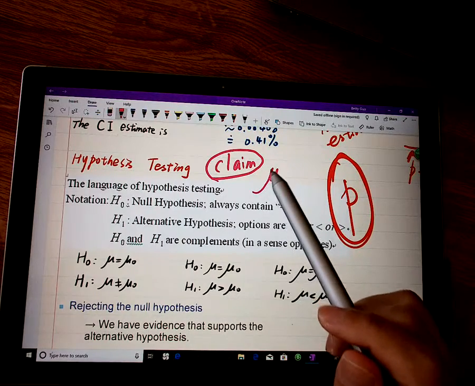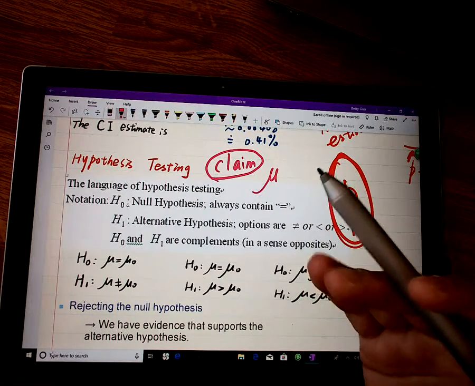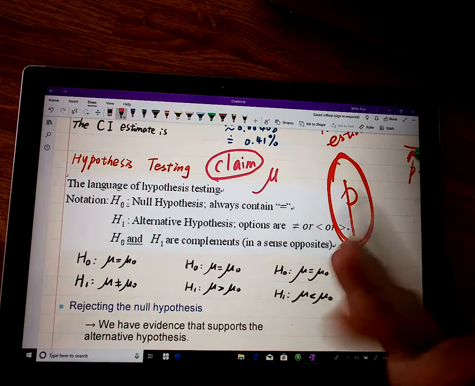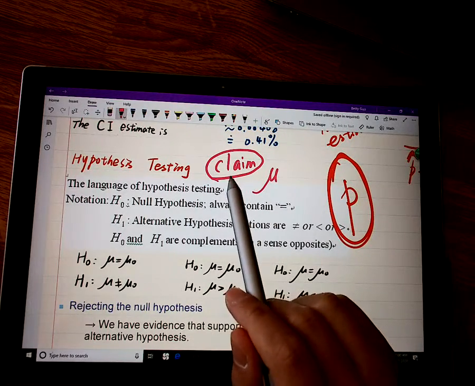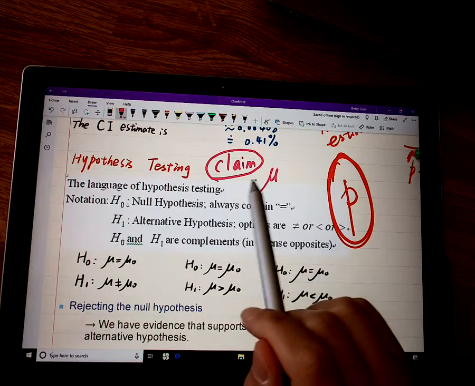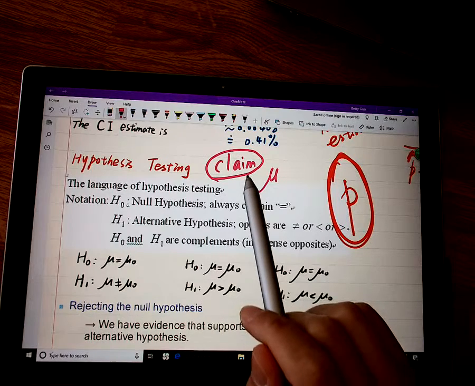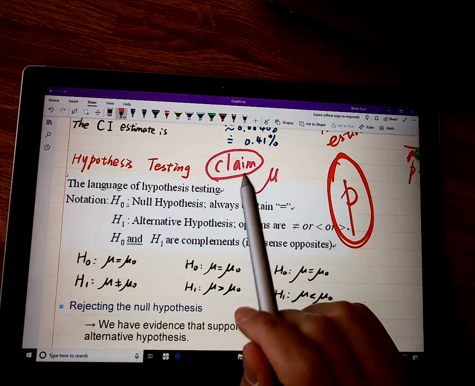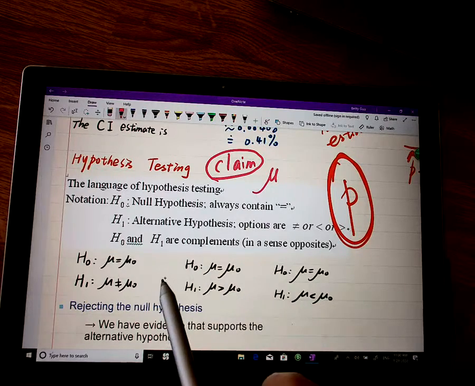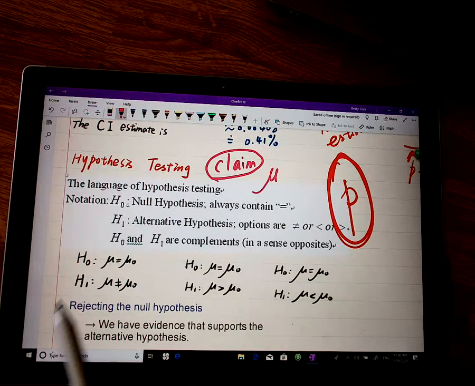We use the sample and a procedure to assess if the claim is true or false. Our conclusion about the claim is based on a sample.